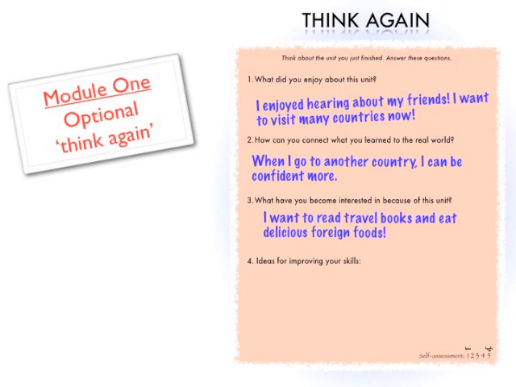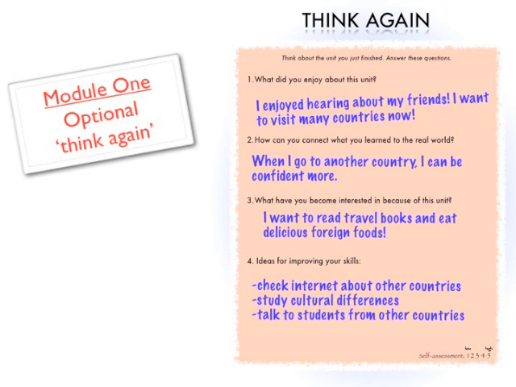Wonderful. And number 4 here, ideas for improving your skills. What did he have to say? Check internet about other countries. Study cultural differences. Nice. Talk to students from other countries. Okay, great. This student is a university student, so there are students from other countries at the university. Wonderful.